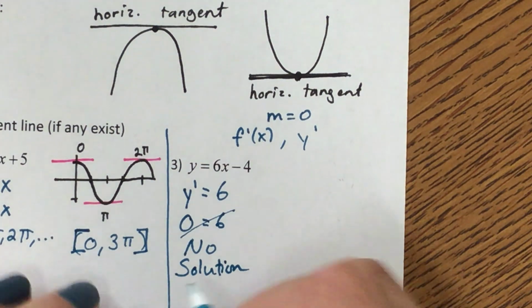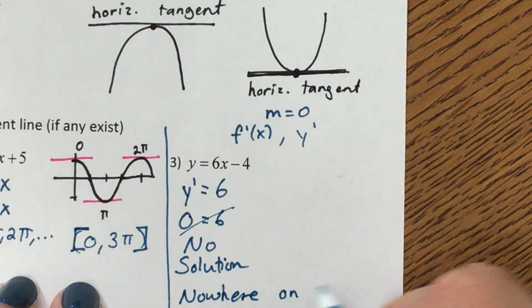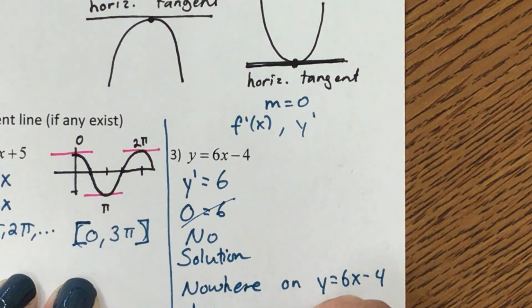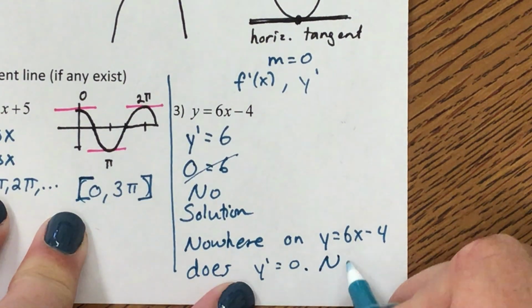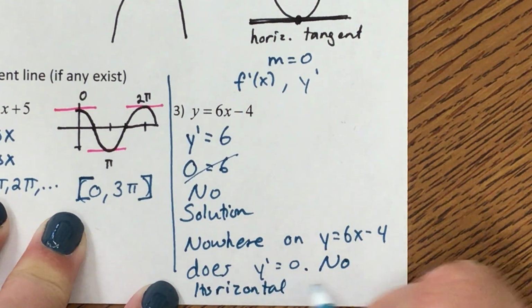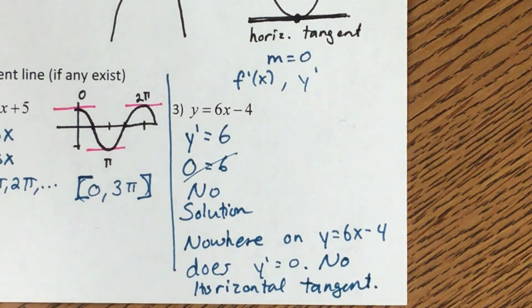So nowhere on the graph of y equals 6x minus 4 does y prime equal 0. There is no horizontal tangent line. So no horizontal tangent. Okay, let's think about what the graph looks like.